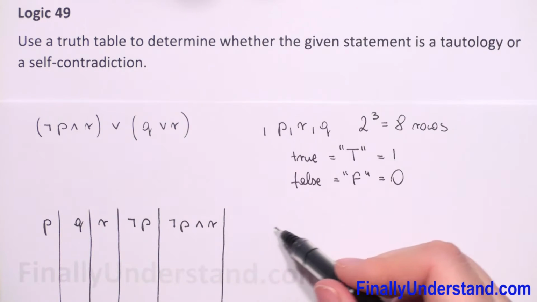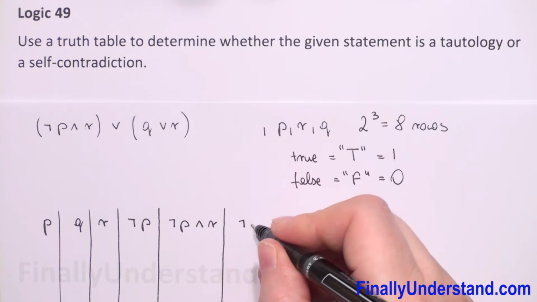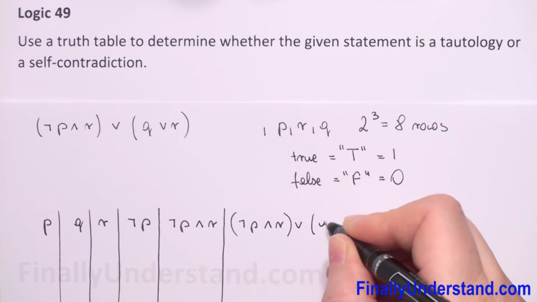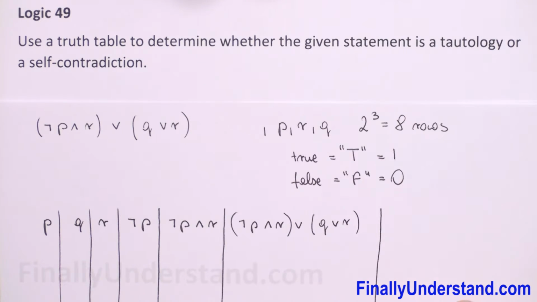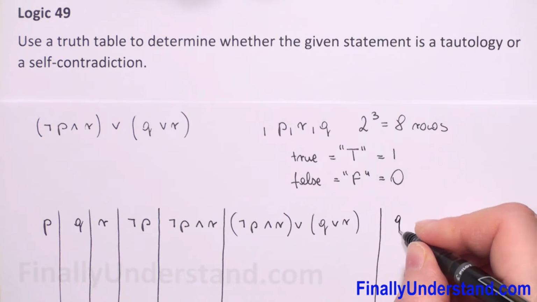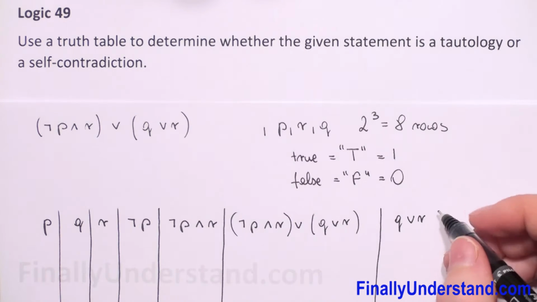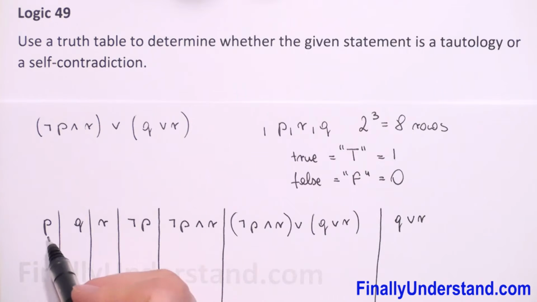So in this column I will put this whole statement, not P and R or Q or R. And in the last column I will put the last parenthesis, Q or R, because it will be easy to compare these 2 statements.